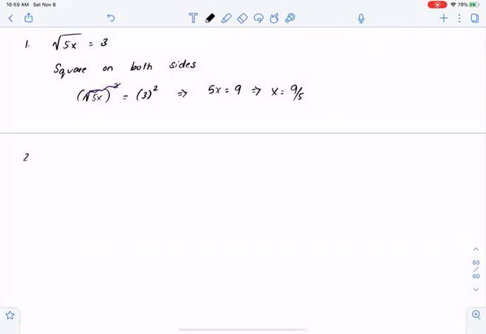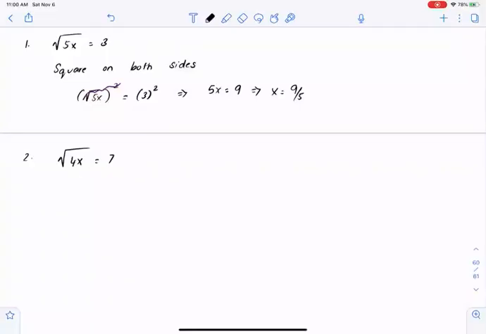Here is an example for you to solve. So all we have to do is square on both sides.